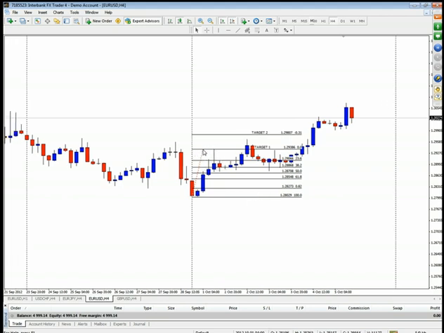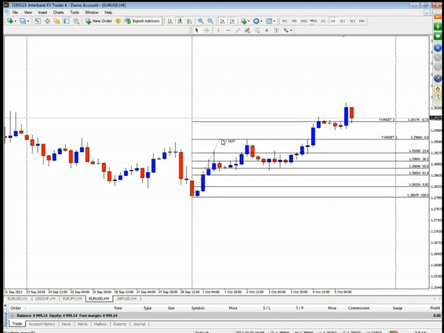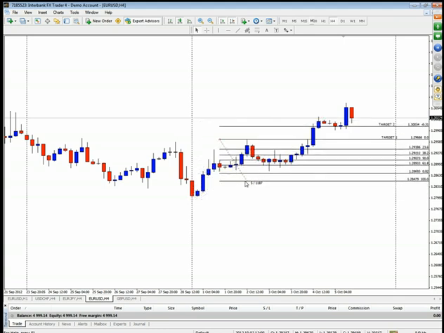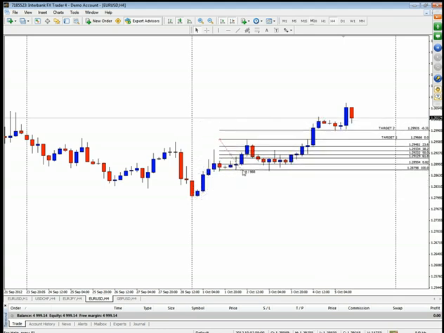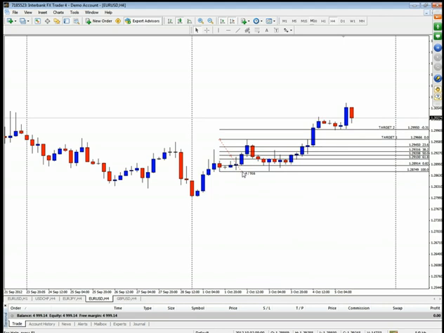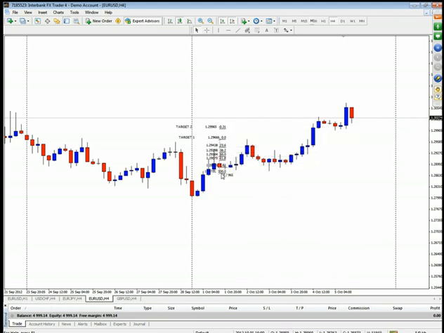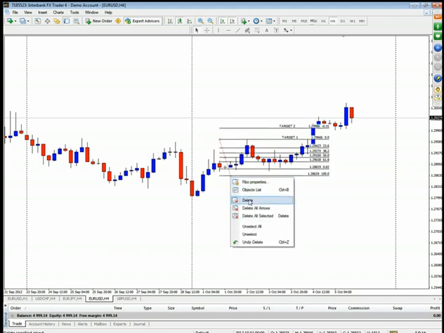Then again, if we move it to this swing high up here, as you can see, if we move this to this low right here with this one, oh, it doesn't... hold on. It doesn't like to draw it from there.